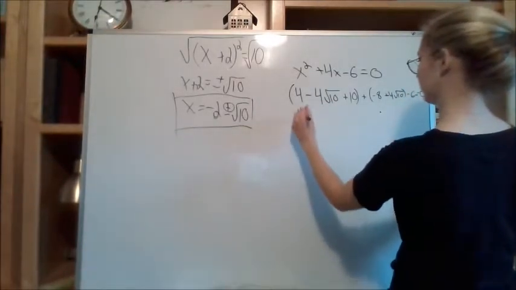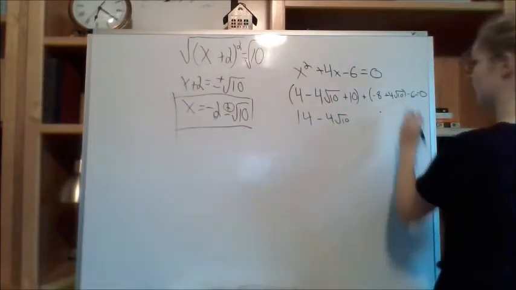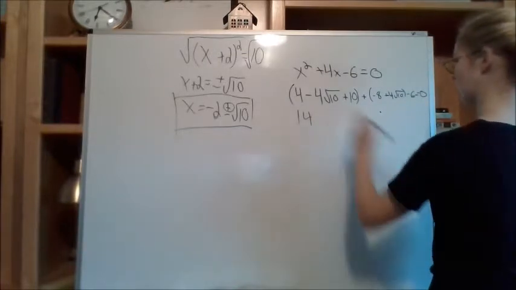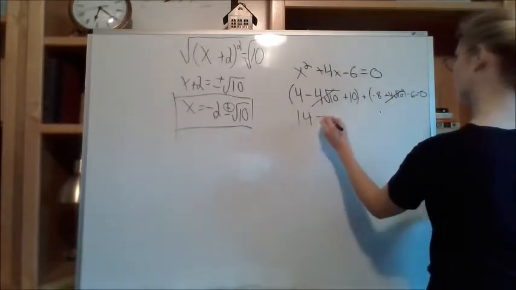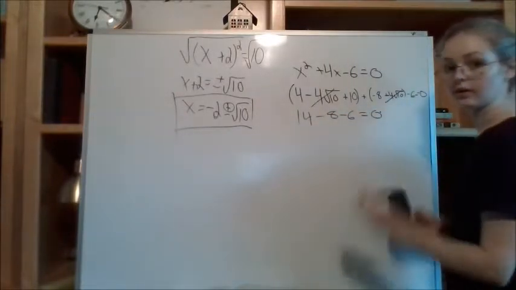So this will be 14 minus 4 square root of 10. We see we have a plus 4 square root of 10 there, so that actually cancels out. Minus 8 minus 6 equals 0, which is true.